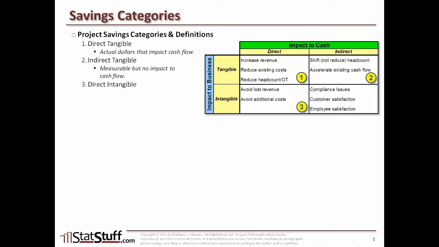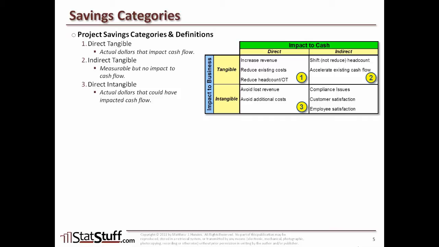Third category might be direct intangible. That is, it's having a direct impact to cash, but not necessarily measurable or tangible to the business. So they're actual dollars that could have impacted cash flow. For example, avoiding lost revenue or avoiding additional costs. For example, if we hadn't done some particular activity or had better control or maintenance over some of our assets, we could have lost this additional revenue, or we could have incurred these additional fees or penalties if we didn't do this.